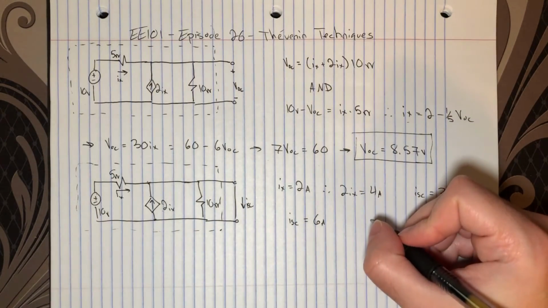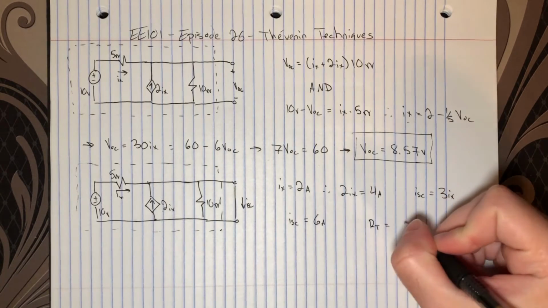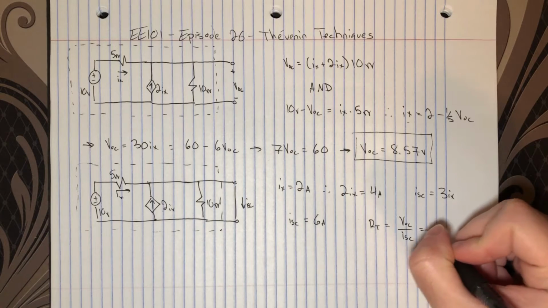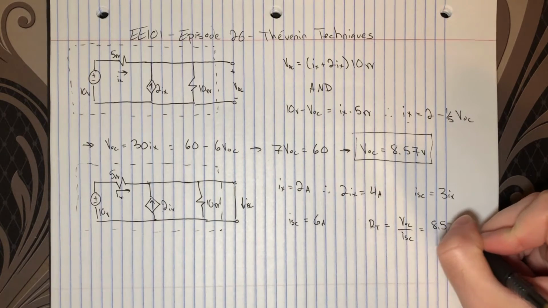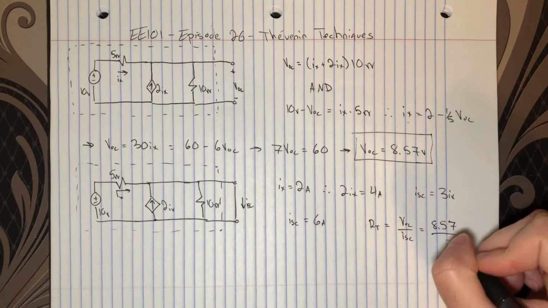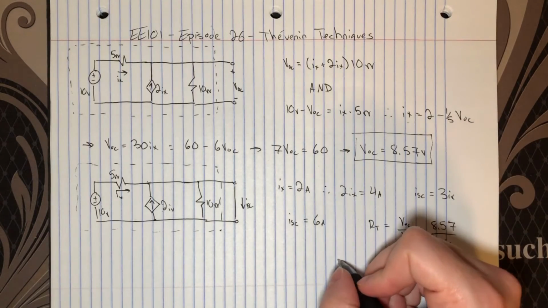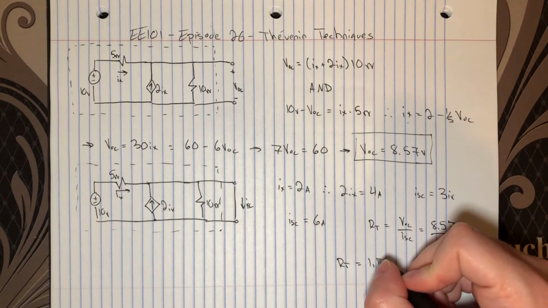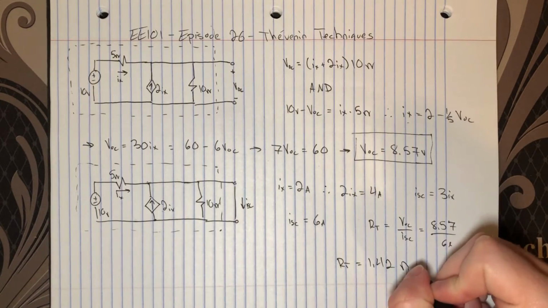And we know that our Thévenin resistance is just VOC over ISC, which is 8.57 divided by 6 amps. In other words, our Thévenin resistance is 1.42 ohms.